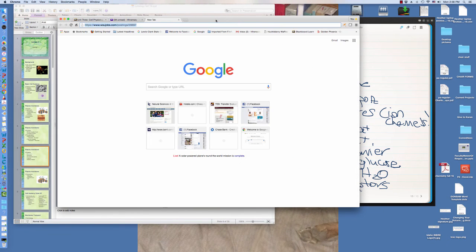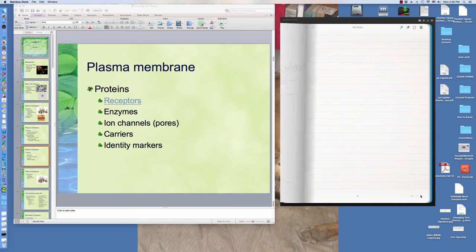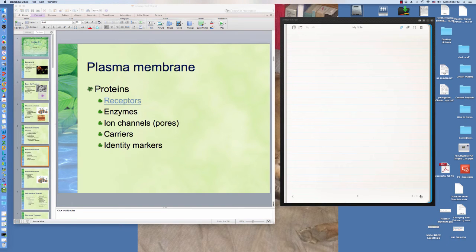So let me talk a little bit more about that video conceptually. The idea in this video is that we'll use the example of a muscle cell. So here's a muscle cell, and it needs glucose in order to perform its function. So you have glucose outside the cell, and glucose I'm going to represent, like the video did, with a little square.